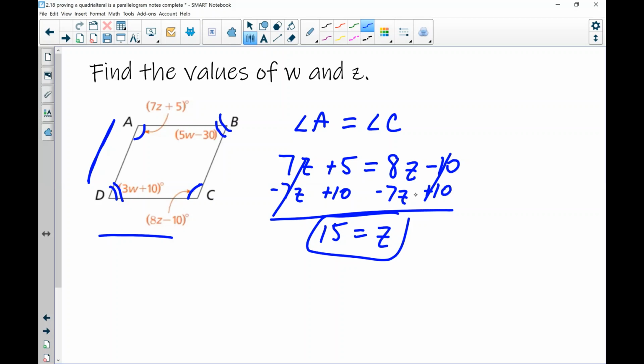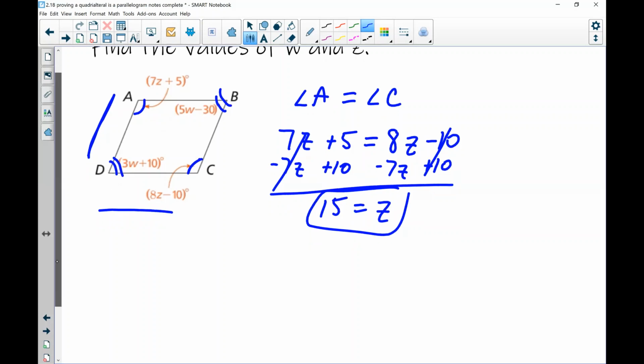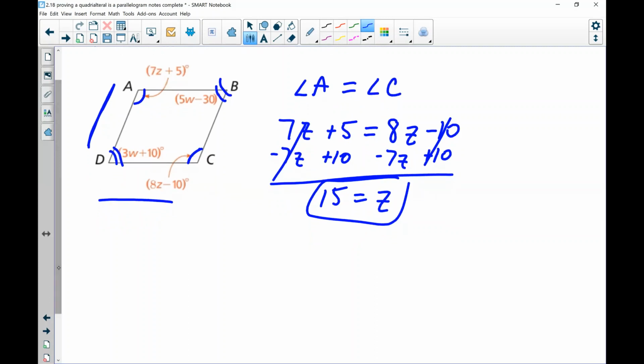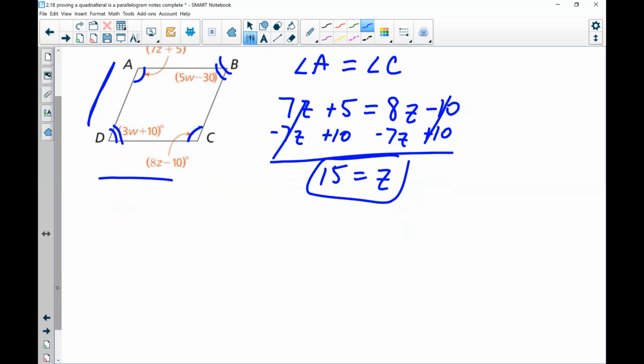And then now you really have 2 options. You could plug Z in here for angle A and then add angle A and D and set that equal to 180. But again, don't really make yourself work harder than you need to. Just set the opposite angles B and D equal to each other. So we could do 3W plus 10 is equal to 5W minus 30. All right, so now let's solve.